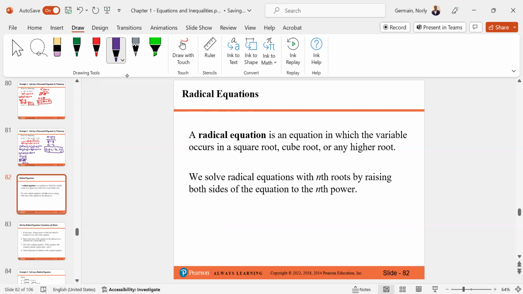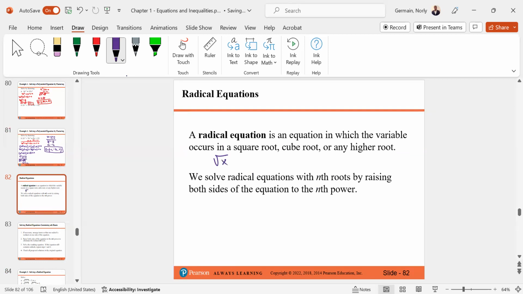Not the only equations we're going to solve where you need to group or move all of the terms to one side. We can also do radical equations. A radical equation is an equation in which the variable occurs in a square root. Let's look at that.